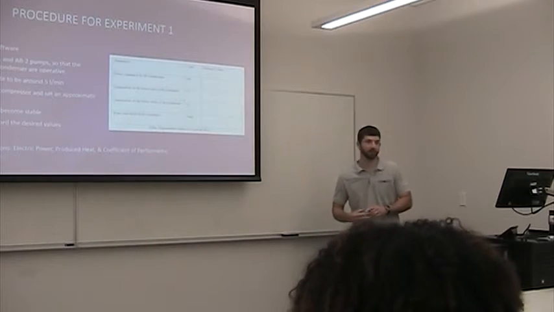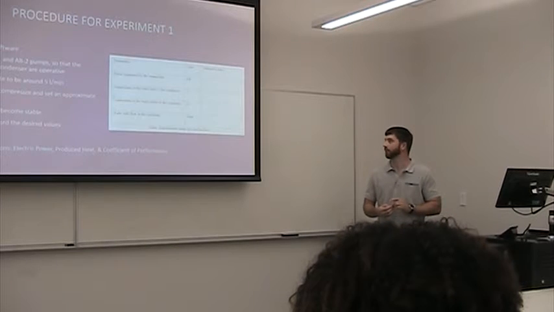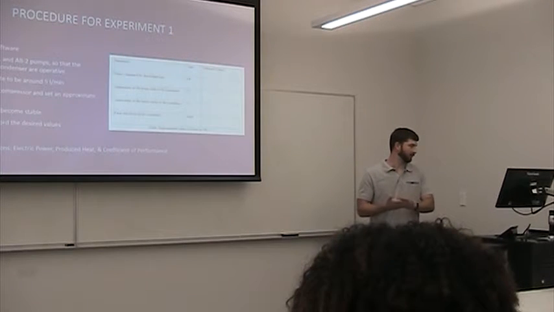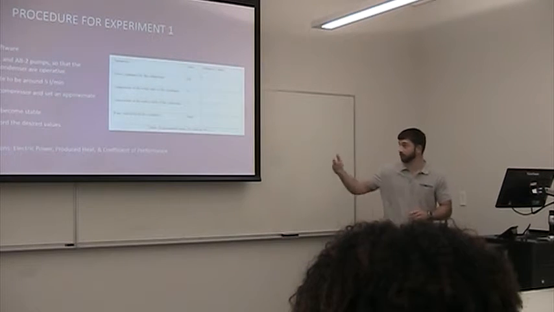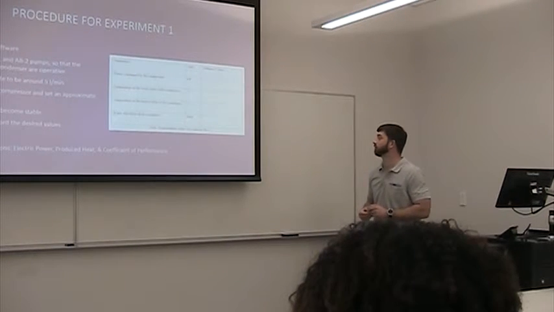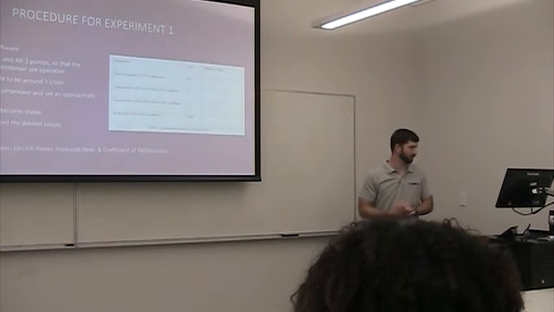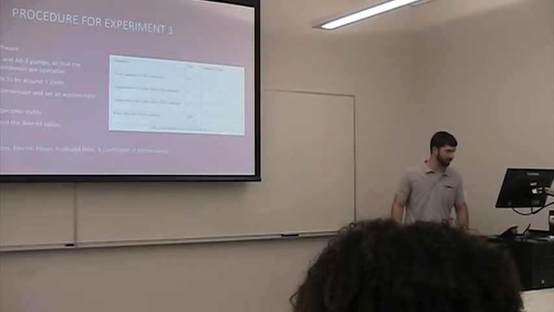We're going to turn on the two pumps to get the evaporator and condenser operating, and then we'll set the flow rates to 5 liters per minute, and we'll set the compressor, and then I guess we're going to let it run until it becomes stable, and then we're going to record some data in this table, and the recorder will use that to calculate the electric power to produce heat and the coefficient of performance. This is for the first test.